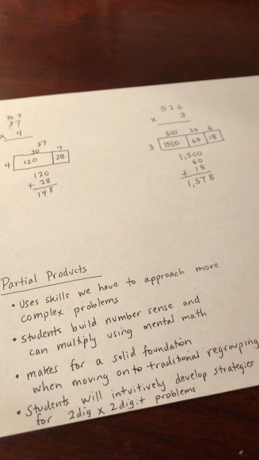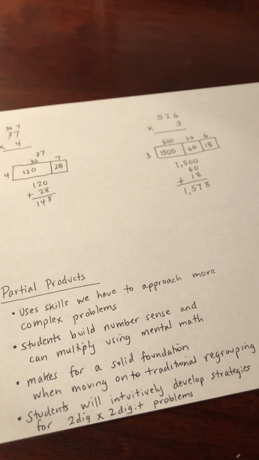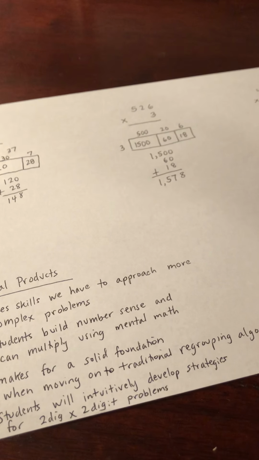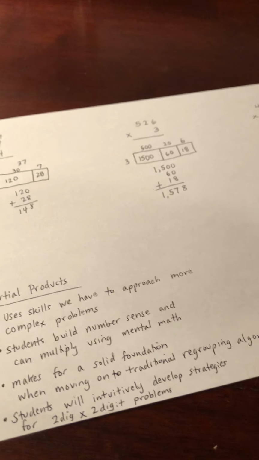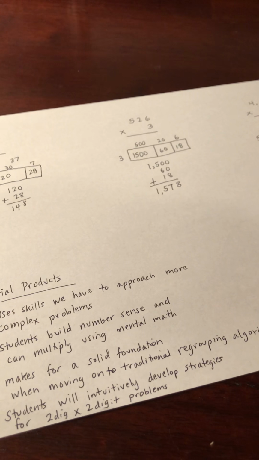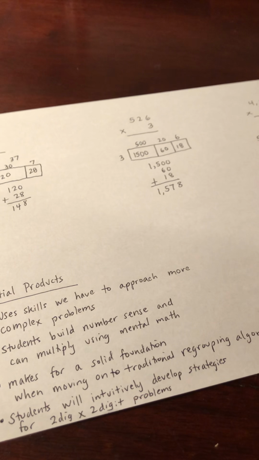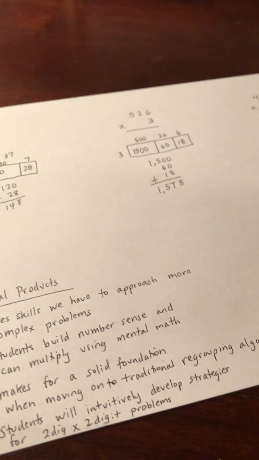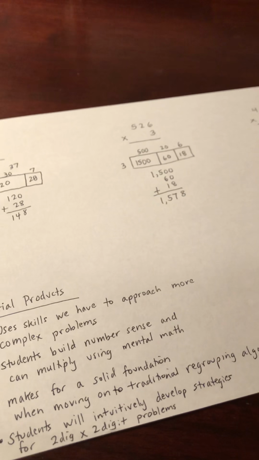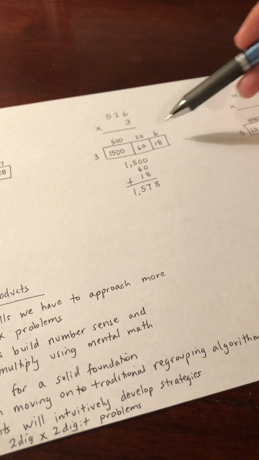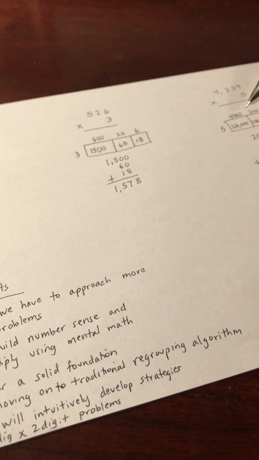This is something that sticks with them, and it doesn't follow a set of rigid steps, where you have to do this first and do that first, like the traditional regrouping algorithm. We will get into that because obviously it is the traditional algorithm for a reason. It is a lot less to write, especially when you get into large numbers, and a lot easier to organize your work, but the steps are confusing. So this will lay the foundation for the steps because the steps are really the same. It's just recorded differently.